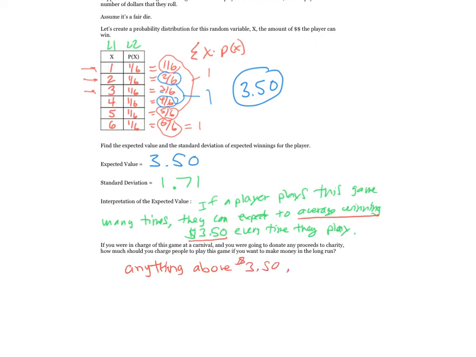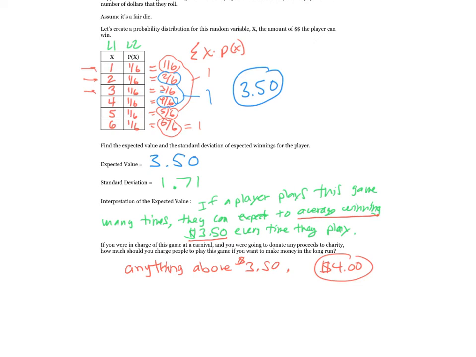So you could charge $4. If you charge $4, on average, you should make for yourself or for the game 50 cents. Because the player averages $3.50 winning, and since they paid $4, you're profiting 50 cents per play.